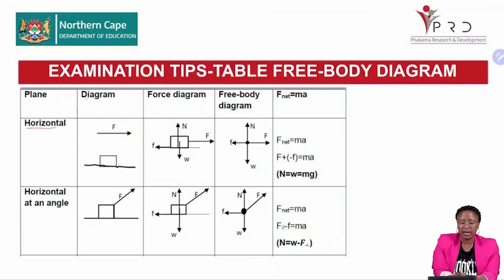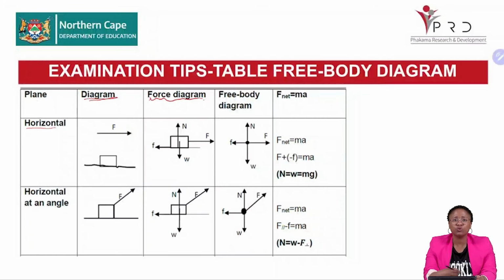Over here, I also gave you the diagram as it appears on the question paper. Here I gave you the force diagram. How do you draw the force diagram and its free body diagram? And I've also given you what you need to put under Fnet equals ma. As I'm saying, this one is definitely going to give you a pass, because this is what is going to help you as you are dealing with your Newton's second law.